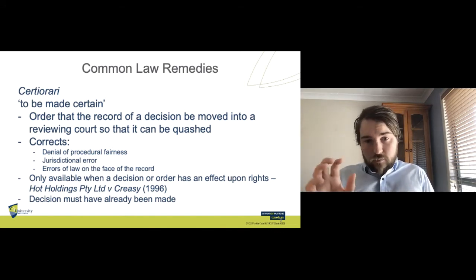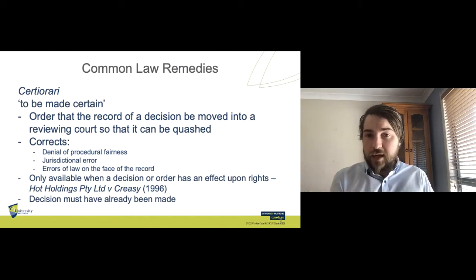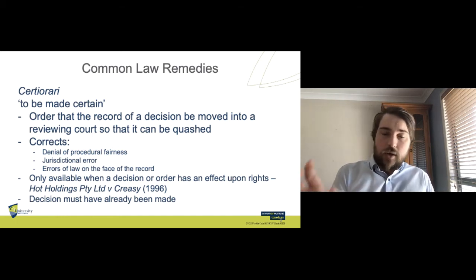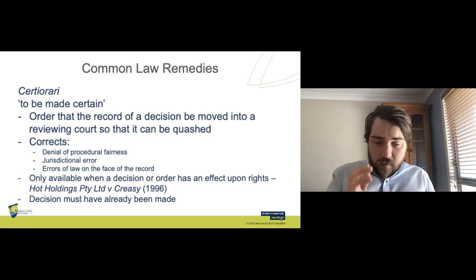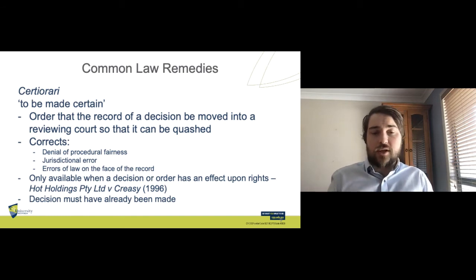So moving a decision made by the executive government under an Act into the court, and then the court can quash it and set it aside. And so we can use that to correct a denial of procedural fairness, correct a jurisdictional error, so an unauthorized decision, or errors of law on the face of the record.